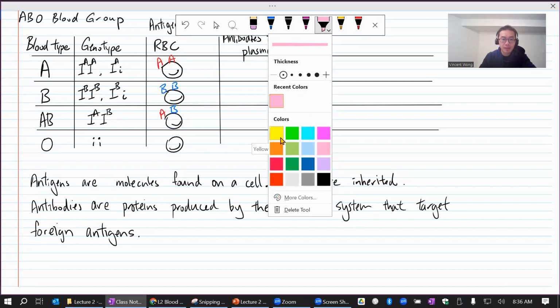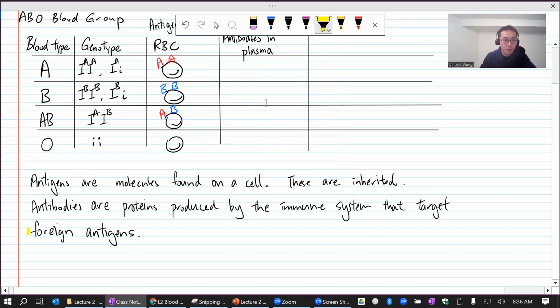So there are a couple of things to break down here. We have the foreign antigens. So we already know what antigens are. But it's also important to point out no two people are going to share the identical antigens.